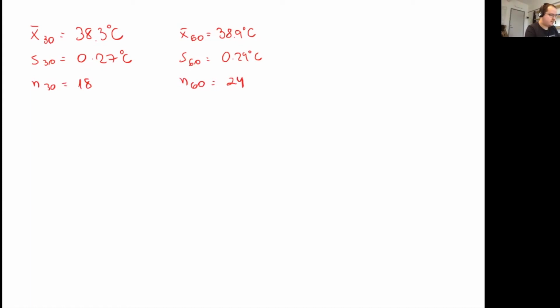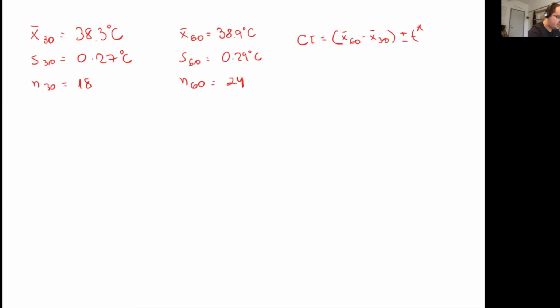Now, what is it that we are trying to compute here? We want to build a confidence interval, let's call it CI, and this will be the difference between the sample means. Let's start with the 60 because it's larger, but it doesn't matter, it's symmetric. Plus or minus our critical value, which we haven't defined yet, since we haven't defined our confidence level yet, but we will.